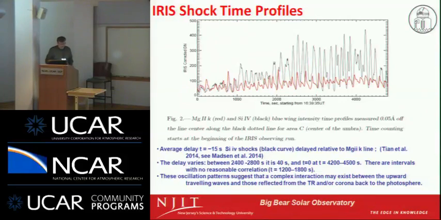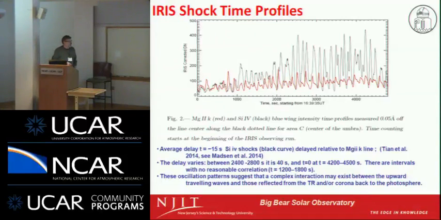Also, it's interesting that the time delay between those two lines averages about 15 seconds, which is very similar to what Tian determined. However, when you look at this time interval in detail, you can find that sometimes the time delay is much shorter, actually 0.